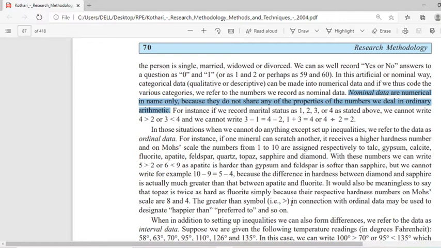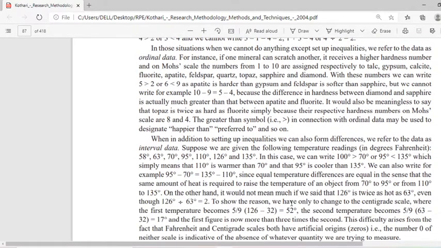Another type of data is interval data. You can see that the temperature lies between 0 and 100. How many students have marks between 60 and 80? It may be 5 or 10, etc. That type of data is called interval data. In addition to setting up inequalities, we can also form differences.